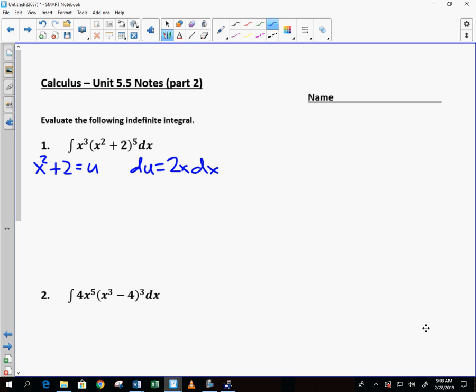And so therefore, I'm going to choose to rewrite this integral in a slightly different way to help you see how we can solve it. I'm going to write the integral of x squared times x times x squared plus 2 to the 5th power dx.